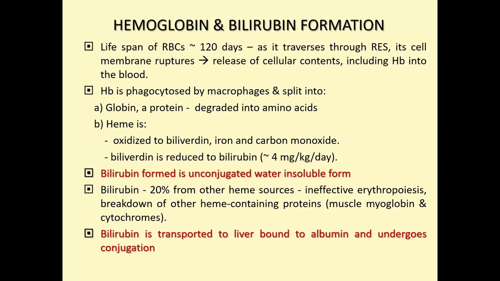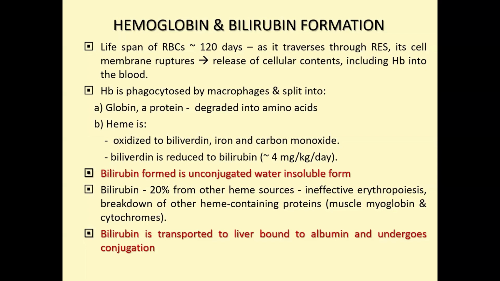About 20% comes from other sources such as ineffective erythropoiesis, immature RBC breakdown, and other heme proteins like muscle myoglobin and cytochromes. The remaining 80% is from hemoglobin degradation. That is the source of bilirubin.